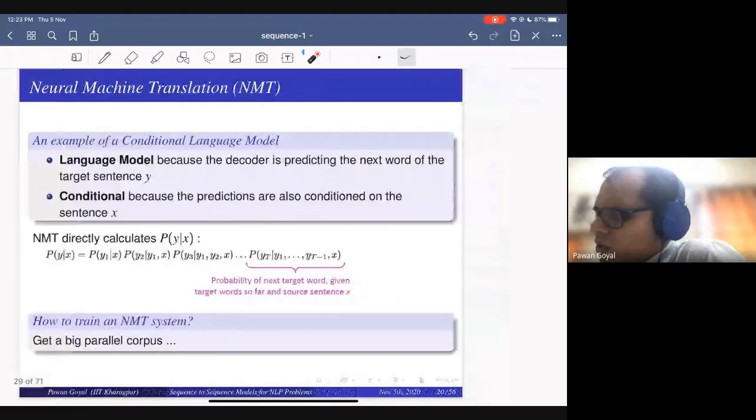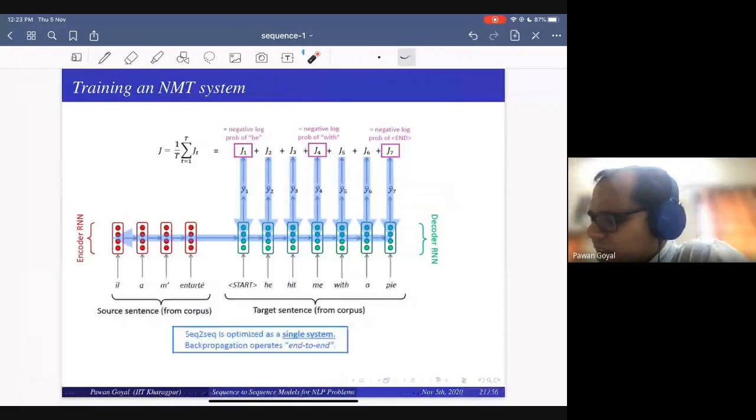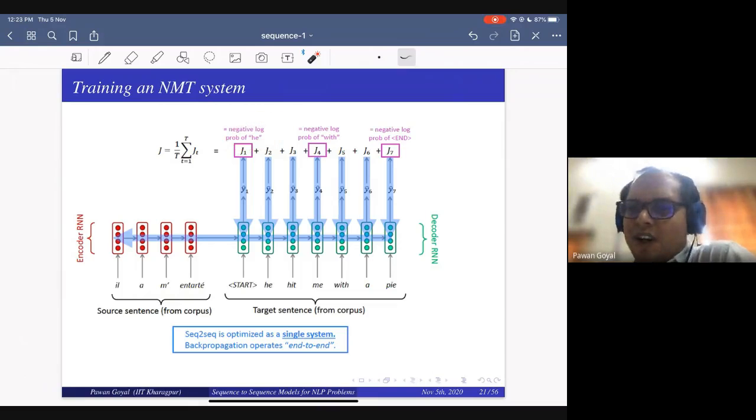So how the training works: as you see, this is a sentence from French, you do the encoding. Now at the decoder part, you get the hidden state, get the output probability distribution, and take the negative log probability of the actual first word in your sequence.